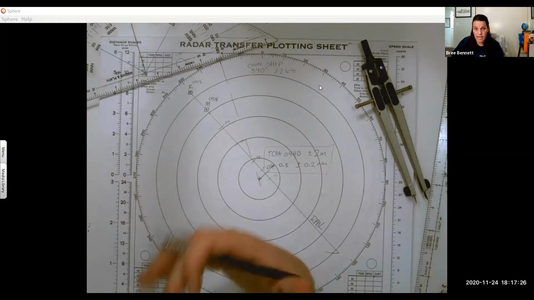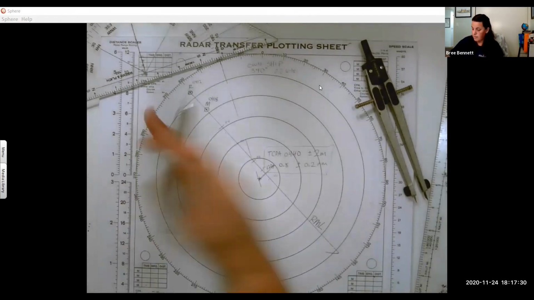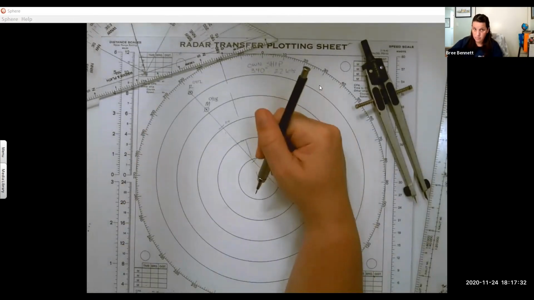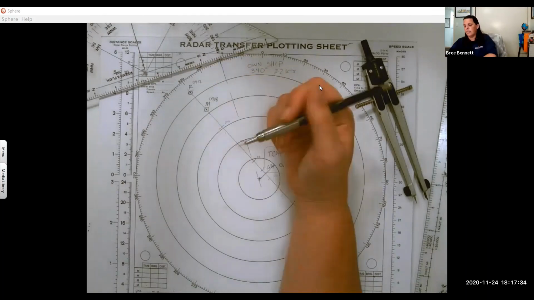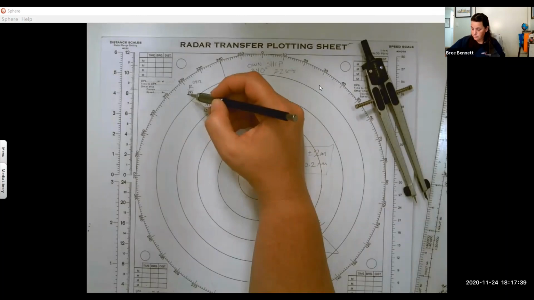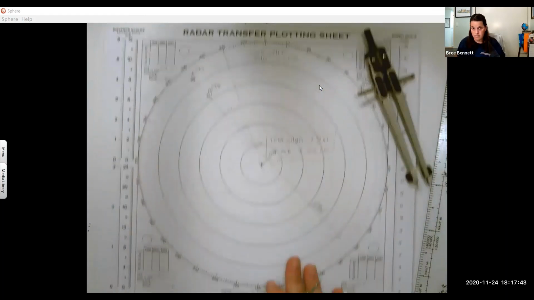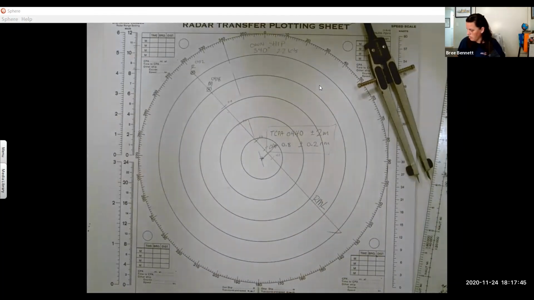So how we do that is we move over our own heading flasher line and we create the E. So we are basically creating the E to R, which is us. So down here, it says E to R. E to R is our own ship.